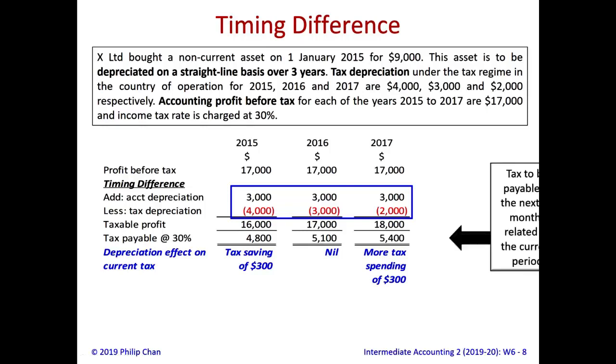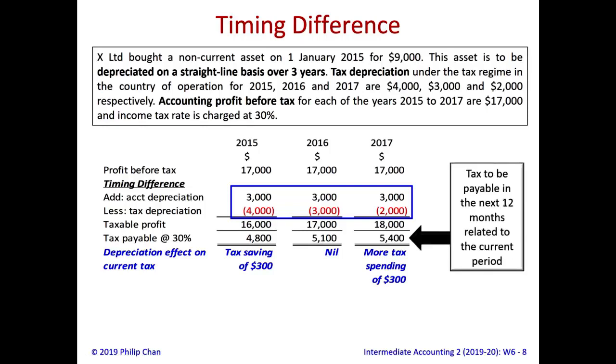Okay, so that's how it works. And notice that the tax payable that you recognize would not be payable within the same year. Usually, it would be payable in the next 12 months, related to the current period. So if you recognize a tax payable today, then the payable would be settled in the coming 12 months.